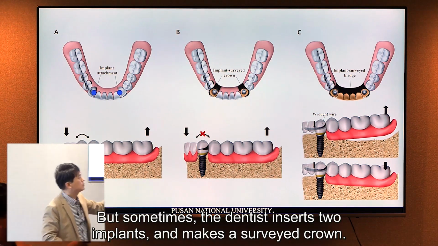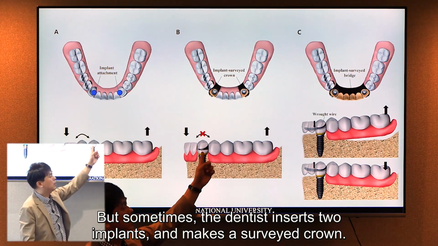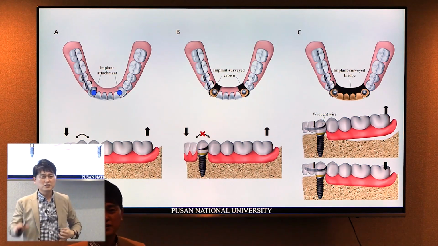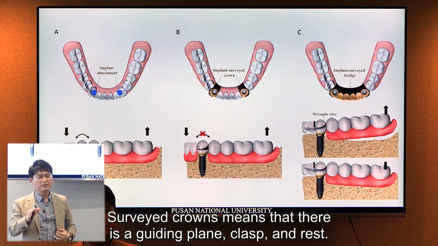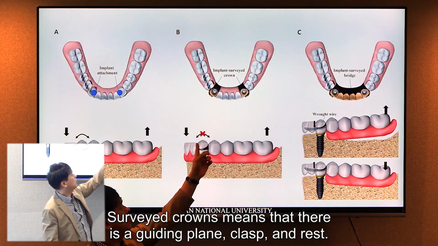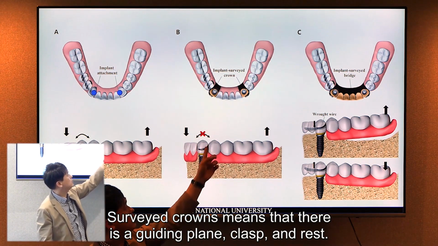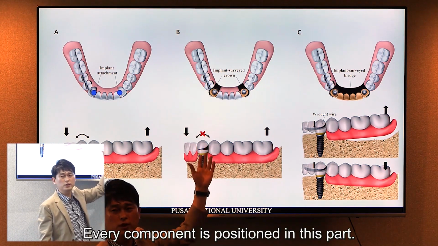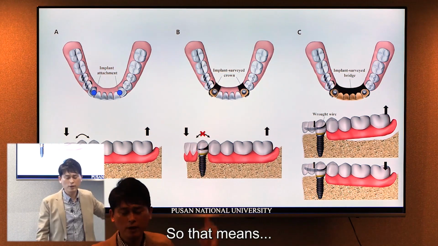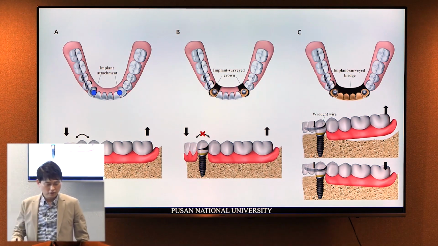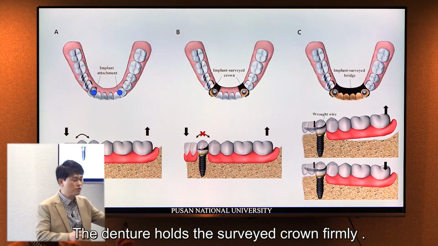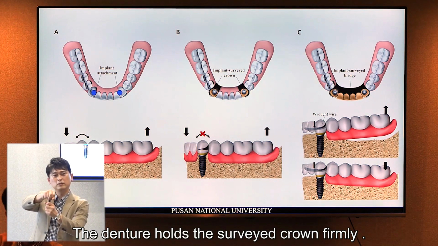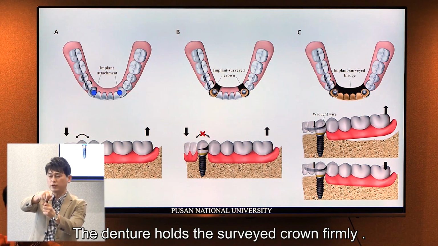But sometimes the dentist inserts 2 implants and then makes the surveyed crown. Surveyed crown means there are guiding plane, clasp, and rest. Every component is positioned in this part. That means the denture holds the surveyed crown firmly.